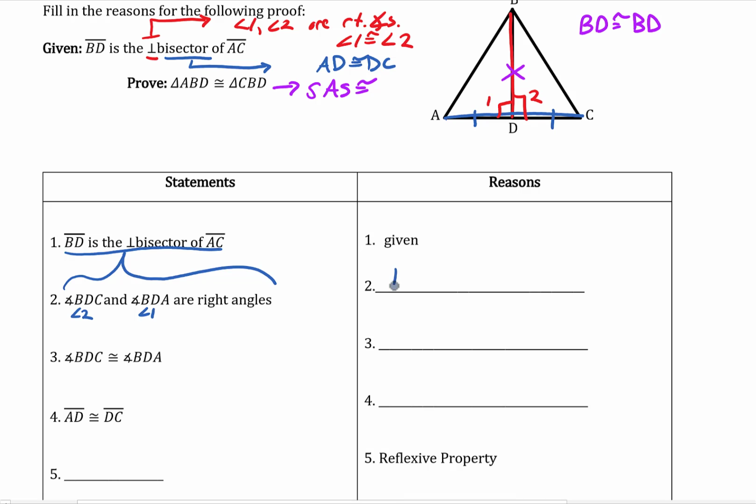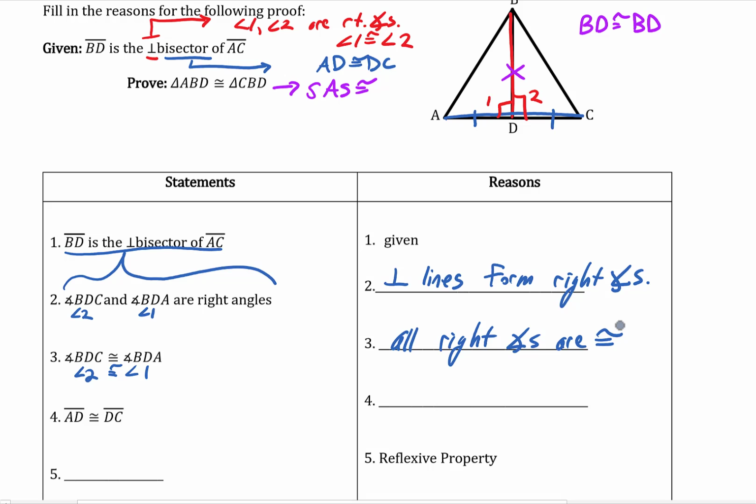The reason: perpendicular lines form right angles. Now, this is our angle 2 again, and they're saying that it's congruent to angle 1. Why? Well, all right angles are congruent.